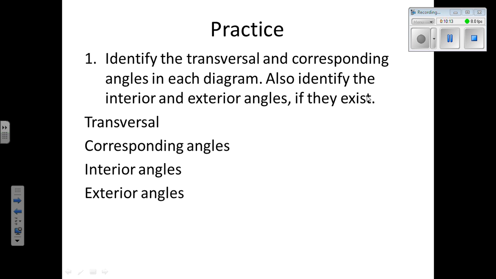Alright, let's try this one. Identify the transversal and corresponding angles in each diagram. Also identify the interior and exterior angles if they exist.